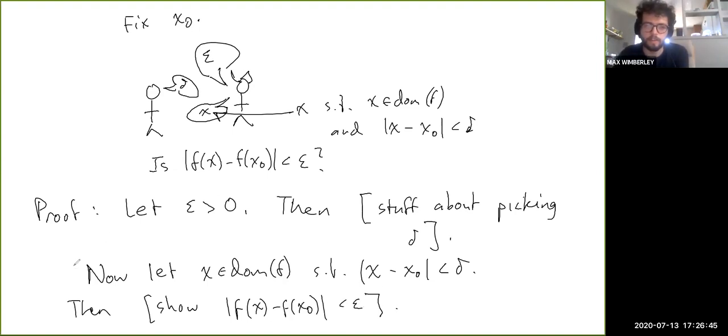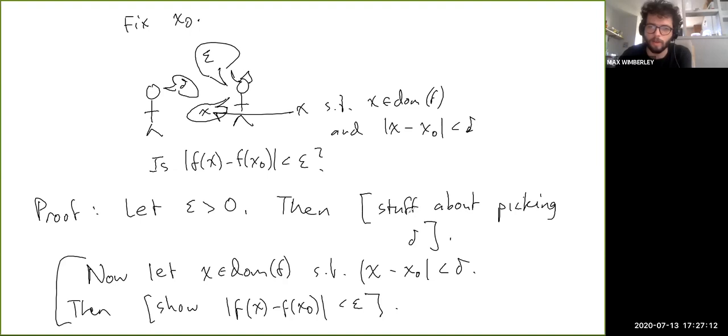That's, at least ideally, very formally how the proof would be structured. But in practice, it's possible to mess with this a little bit, because a lot of the time, in the process of describing how you pick delta, you prove this part as you go.